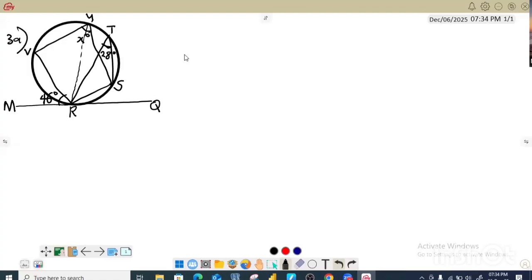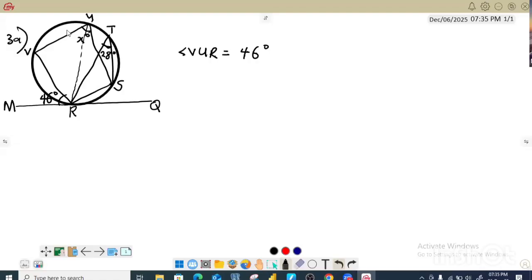So we have angle VUR equal to 46 degrees. That is angle in alternate segment. What is alternate segment? Whenever a chord, like chord VR, is making an angle with a tangent, any two lines that rise from that chord, where they meet the circumference, the angle must be equal to the angle the chord made with the tangent.